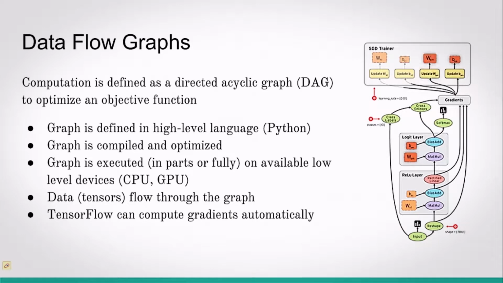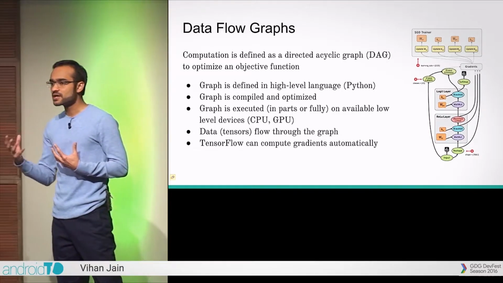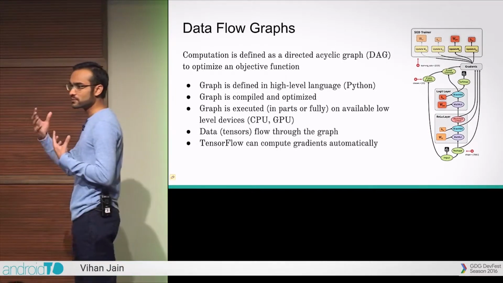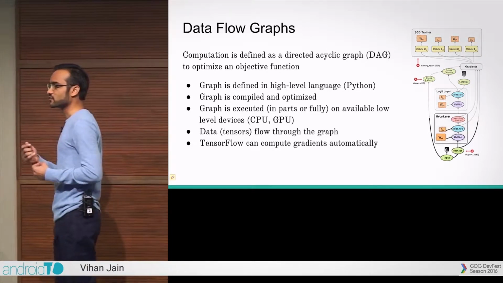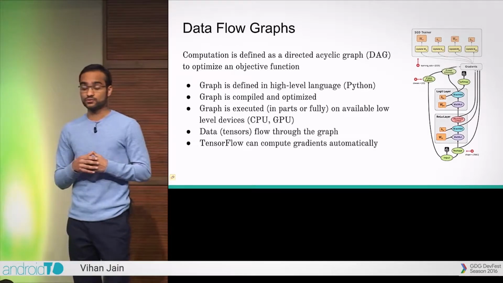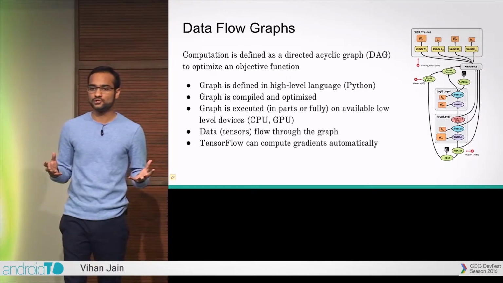And so at a very low level, TensorFlow is actually just a library for numerical computation. So if you can represent your computation as a graph, you can use TensorFlow. In fact, if you go to tensorflow.org and look at the tutorials there, a lot of them have nothing to do with machine learning.